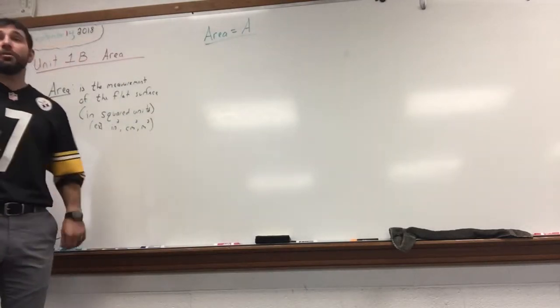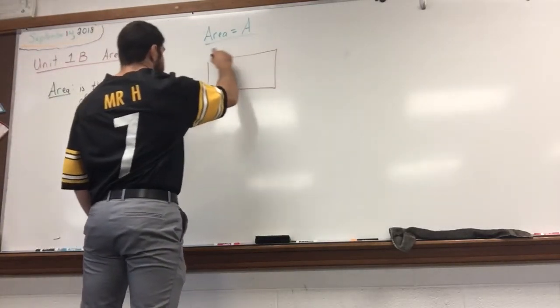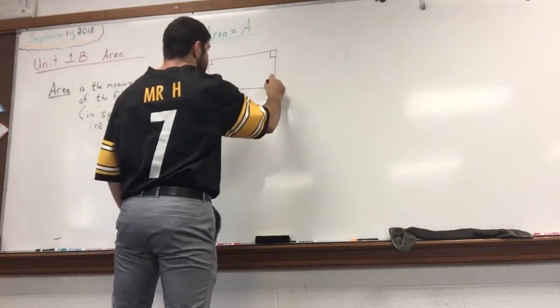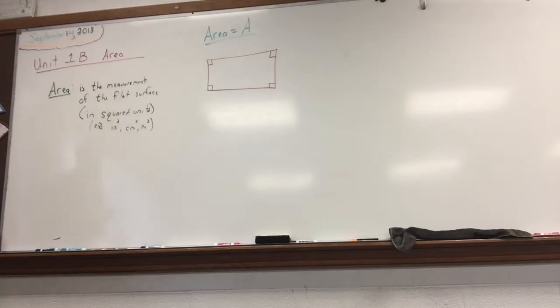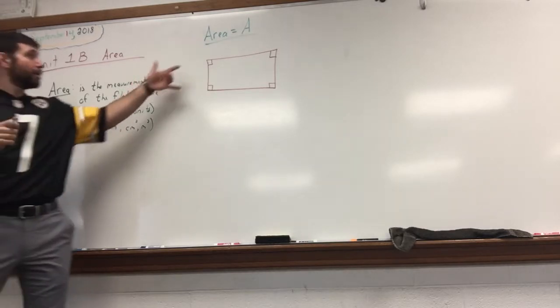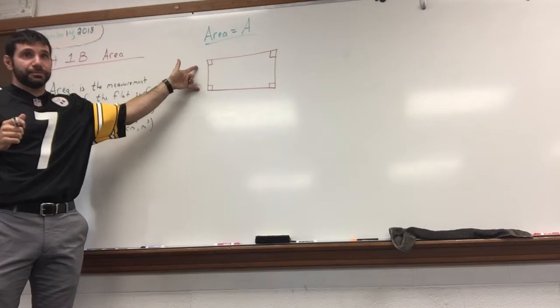Okay. So, let's look at a rectangle. And depending on the book or the teacher, you might see area of a rectangle look a little bit different. What two sides do we have in a rectangle? What would we call the smaller side? Starts with a W. Don't all shout at once.